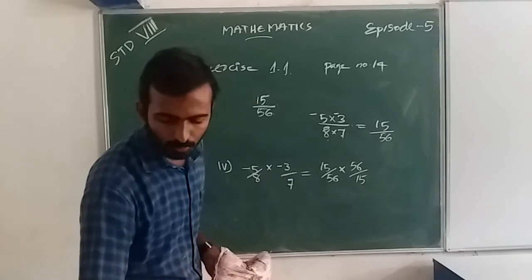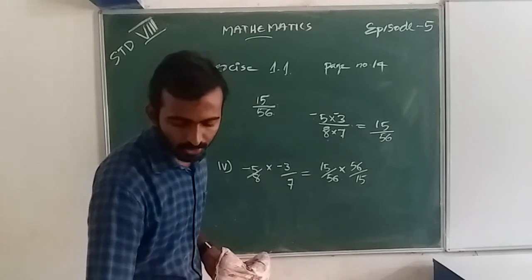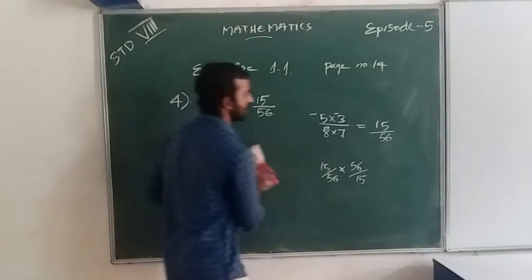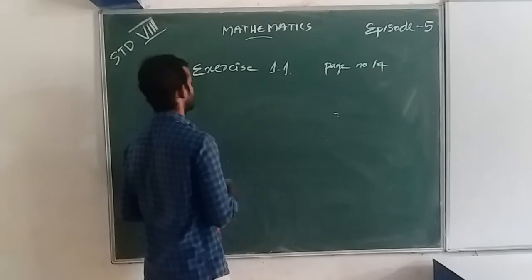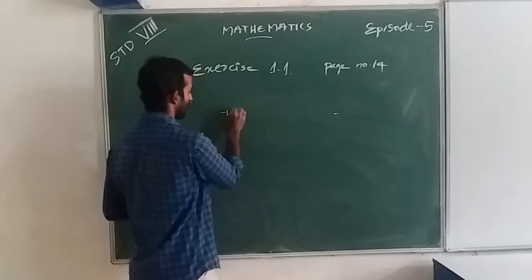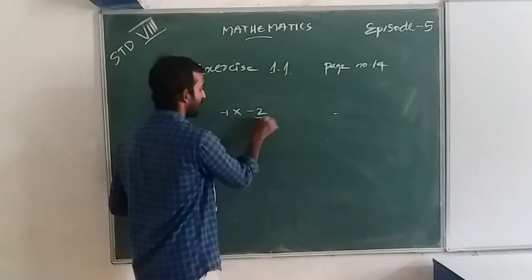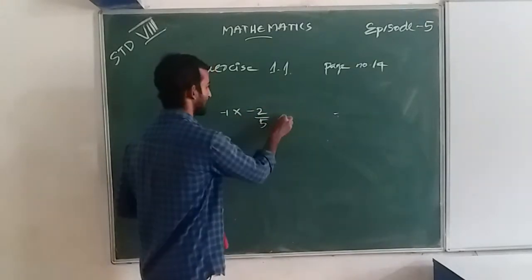Okay. Next question. The fifth question is minus 1 into minus 2 by 5. What may be the answer?